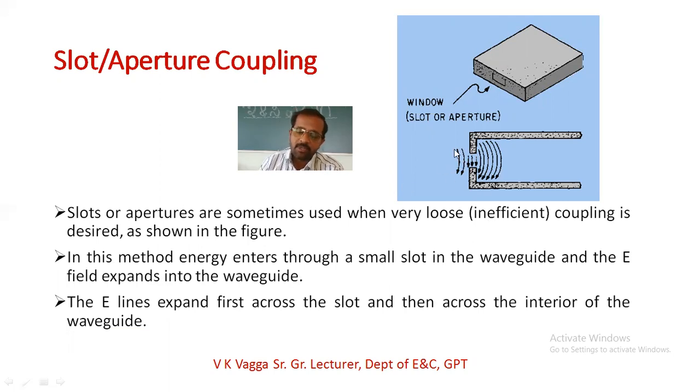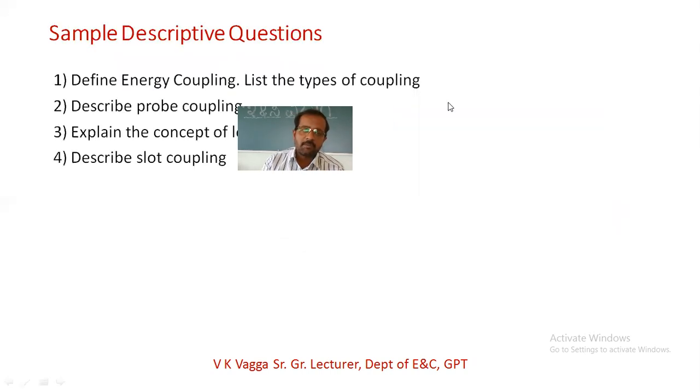If a signal appears at the window, initially it is a small signal, and after that it expands as per the size of the waveguide. The E lines first cross the slot and then enter the interior of the waveguide. This is called the slot or the aperture coupling.